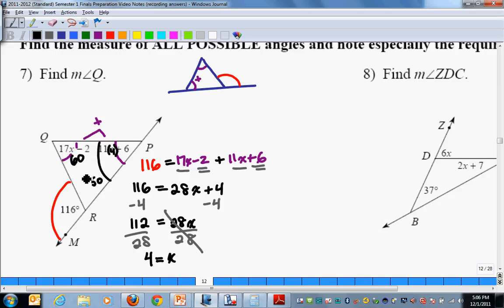This is 66. And then this angle right here is going to be 64. And then this on the outside, you take 50 away, this is 130. Now we found all possible angles. It asks us to specifically find the measure of angle Q, which we have done. Measure angle Q is 66 degrees.